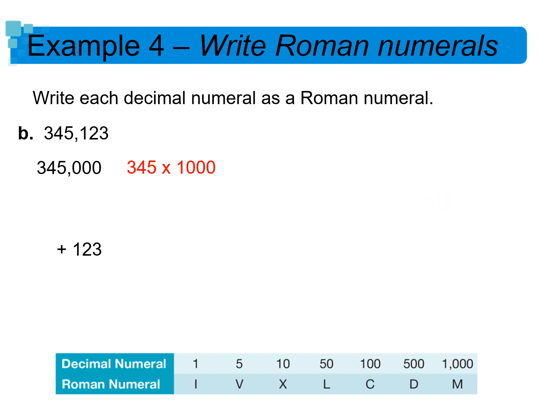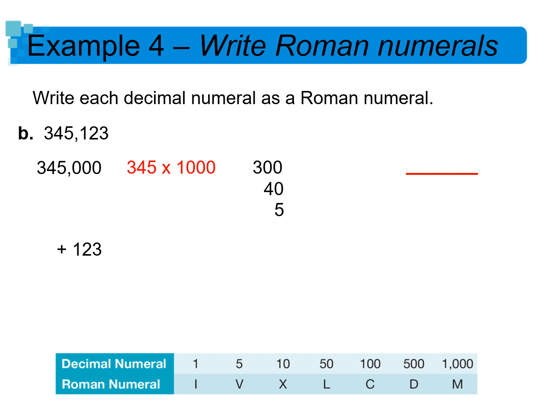So I'm going to go ahead and put that bar over here to remind myself, I'm going to do 345, and whatever 345 is in Roman numerals, I'm going to put a bar over it, and that's going to take care of that 1,000. Okay. So now I need to do 345.